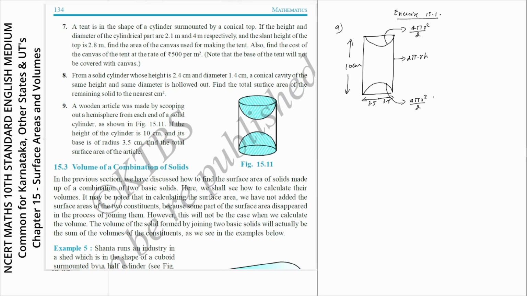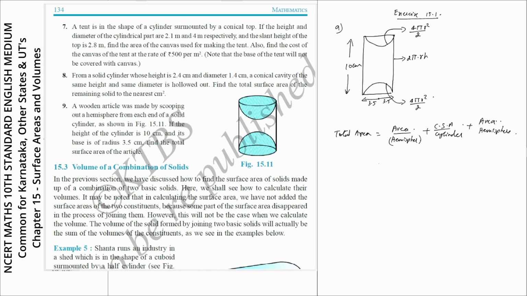Very simple. So when I add all this area, I'll get the total area of the surface. Okay, now total area is equal to area of first hemisphere, plus curved surface area of cylinder, plus area of the bottom hemisphere.